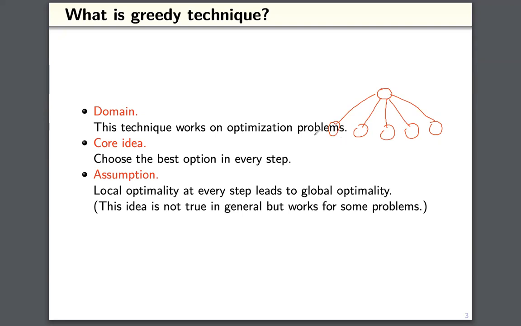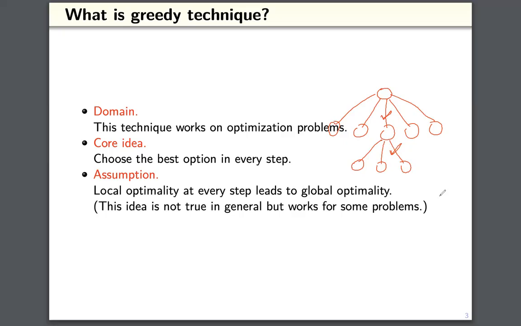So greedy technique says choose that option that maximizes or minimizes that particular step. Suppose you're working on a maximization problem, choose a step that maximizes the value at that particular step. And similarly, in the next step, among multiple choices, choose that step that maximizes the value, and so on. Keep doing this until the dead end, right? That path itself is the solution. That is the core idea behind greedy.